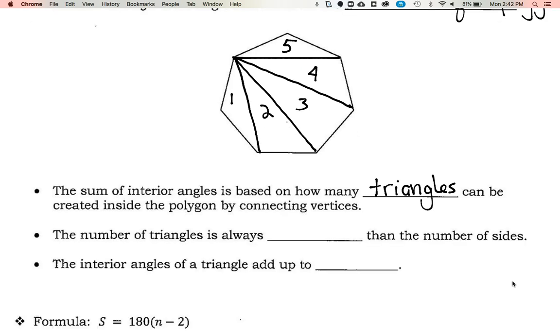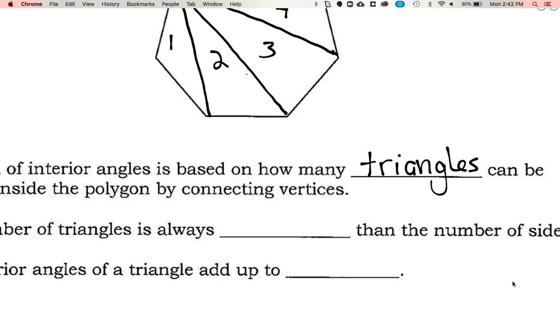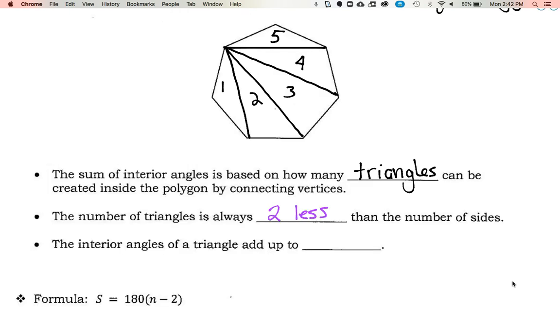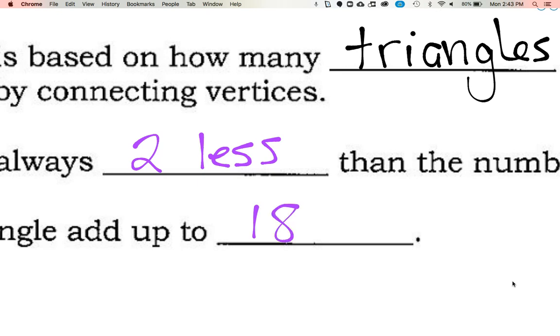If we were in class, we would have done an activity to kind of prove that. But the number of triangles is always 2 less than the number of sides. And as you might know from prior math classes, the interior angles of a triangle add up to 180 degrees.